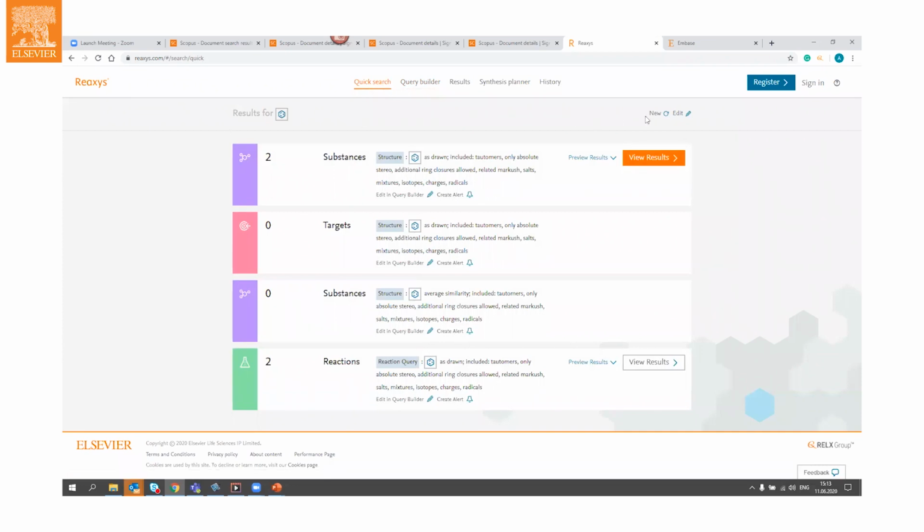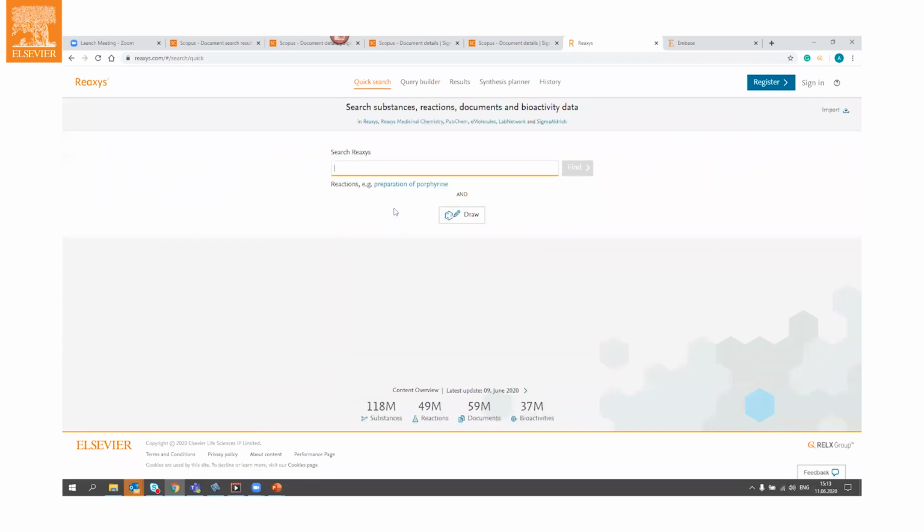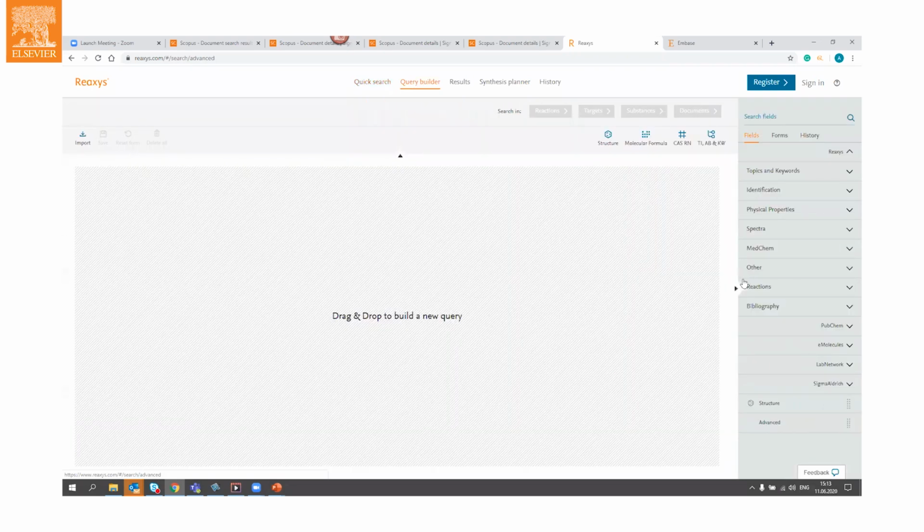Quick search gives you something very fast, like a fast first approach. But if you don't find, or if you don't like your search results, I advise you to use the query builder. Myself, I use the query builder in maybe 50 or even 70% of cases when I try to search something.